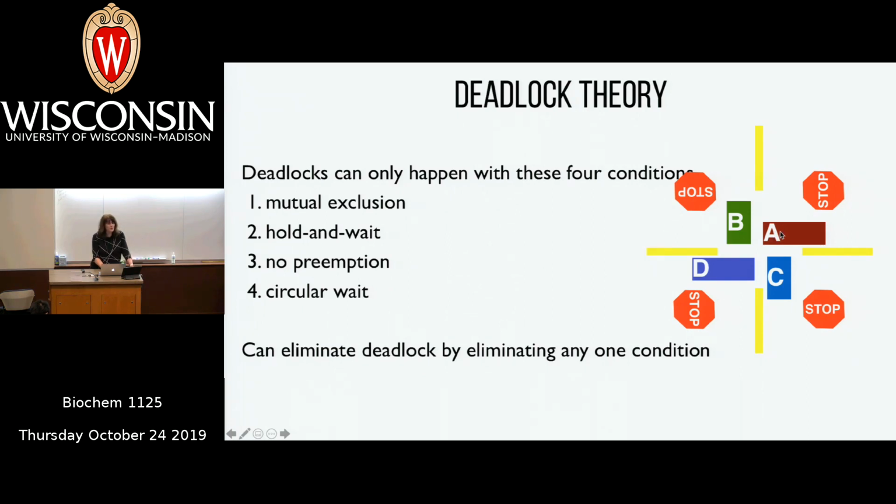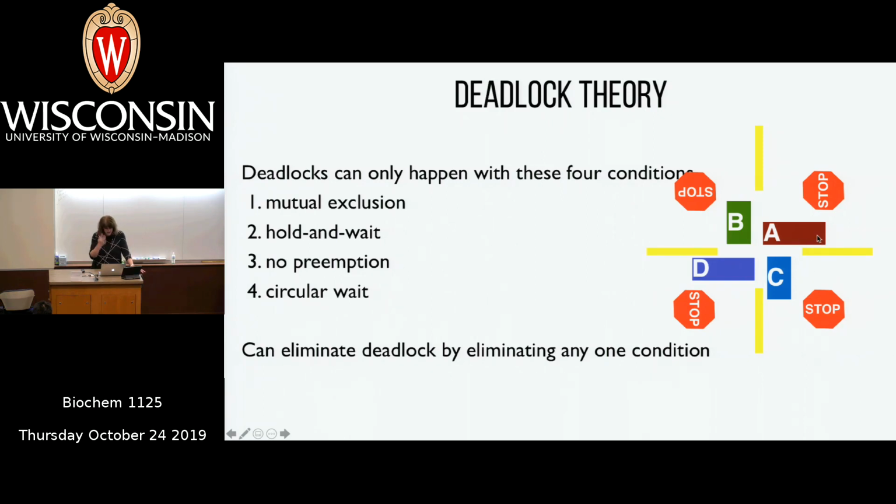We have a hold and wait requirement: we're holding on to the position that we have while we wait for the next one, and we're not able to give that up. We can't just preempt somebody. Preempting would be if we could tell A to back up; taking away the resource that A is holding on to would fix this, and we wouldn't have deadlock. So backing up would solve this problem. And then we have a problem because of the circular wait. If any one of these cars wasn't here, we wouldn't have deadlock.